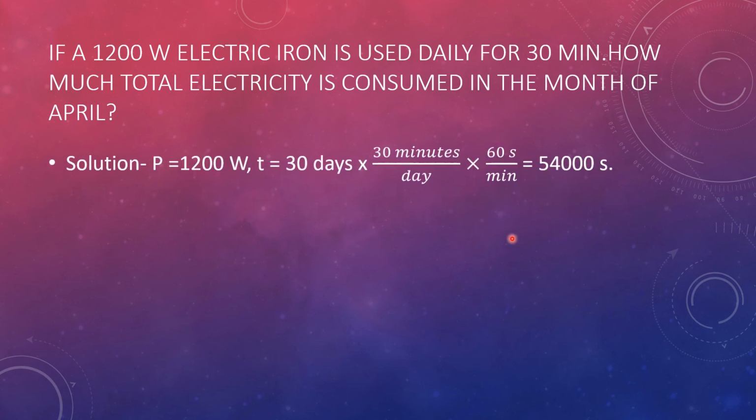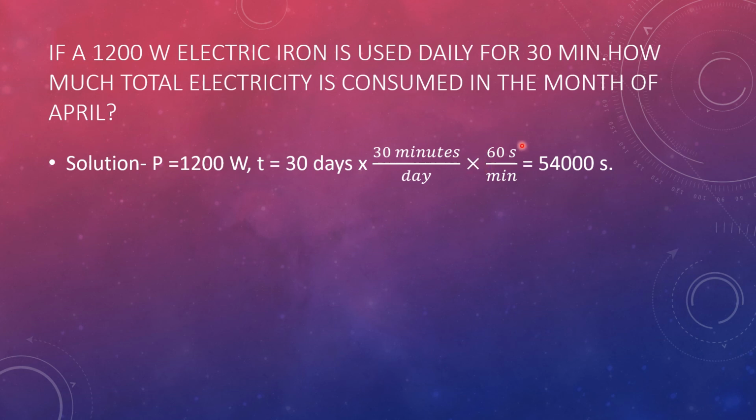Write all the given values. P is equal to 1200 watt. T is equal to, it is given that the iron is used daily for 30 minutes. Okay. But this 30 minutes is every day of the month of April. So we have to take 30 days of the month of April into 30 minutes per day, and these 30 minutes are converted into seconds.